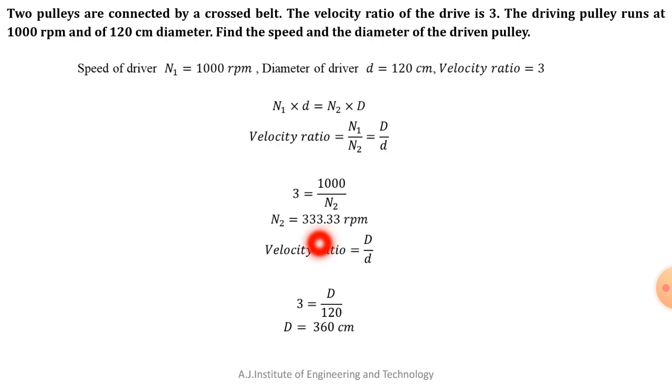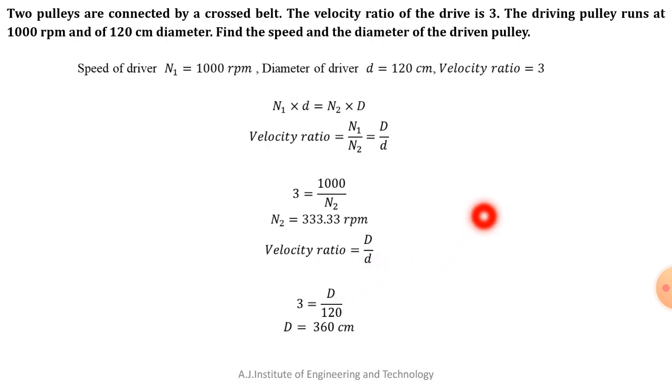Similarly you have to find out the diameter of the driven pulley. Again you have to equate with the velocity ratio 3. So 3 is equal to D divided by d. So D you have to find out, capital letter D, small letter d is given 120. So 120 into 3, so the diameter of driven pulley is 360 centimeters.